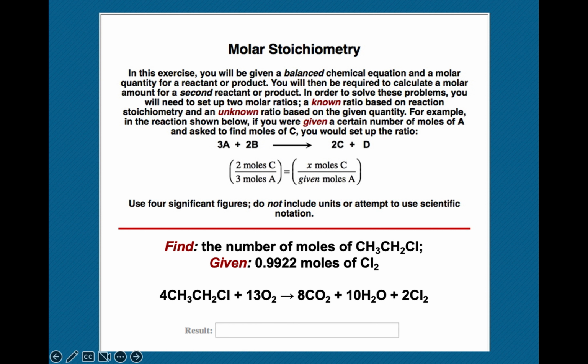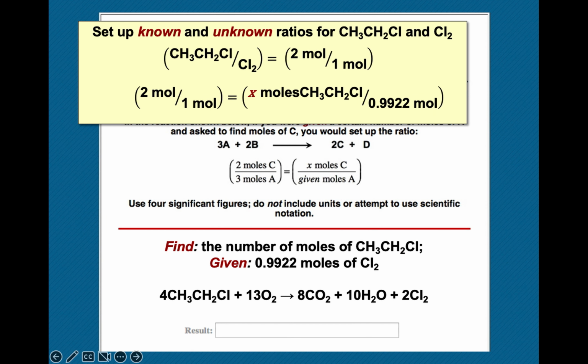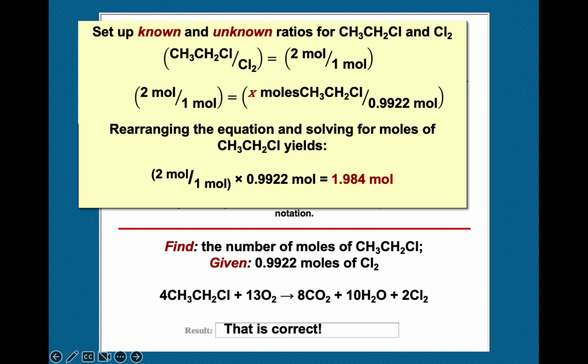Chlorine is our given, so it'll be in the denominator. 4 over 2 is our ratio. We could simplify that to 2 to 1. Here's our unknown, here's our given. 0.9922 times 2 divided by 1, 1.984. The tutorial on Blackboard is very similar to this. Again, you are given a given and a find, and you simply have to set up your ratios. Any questions?